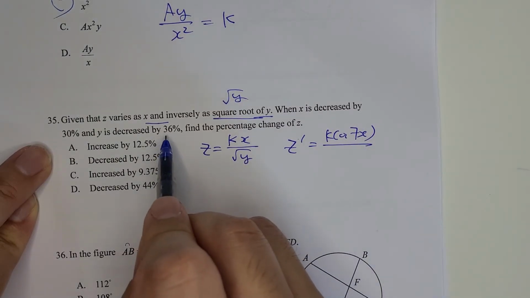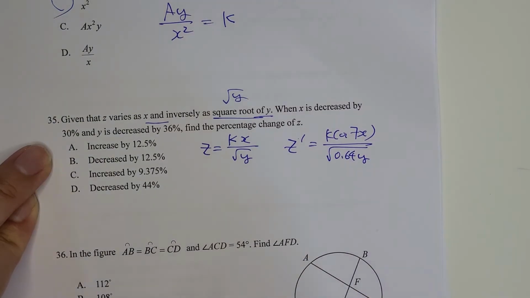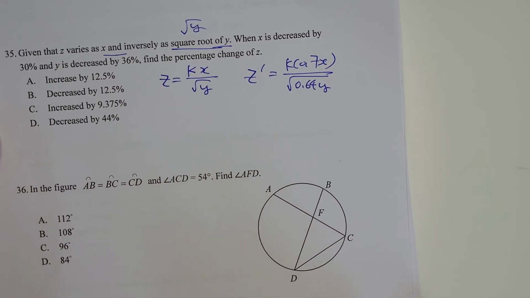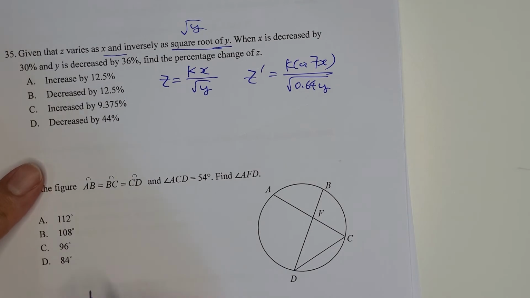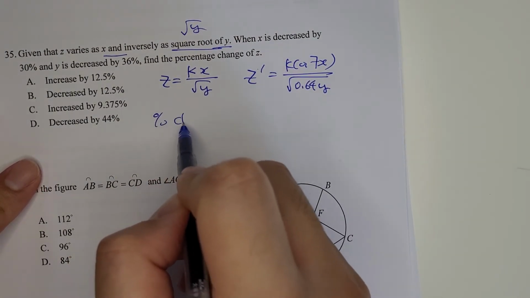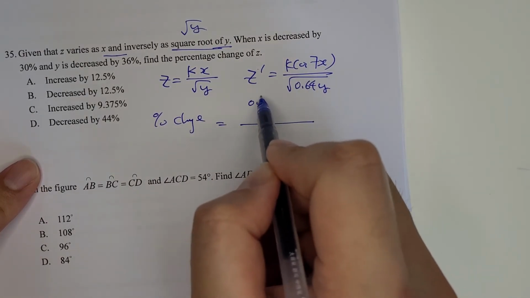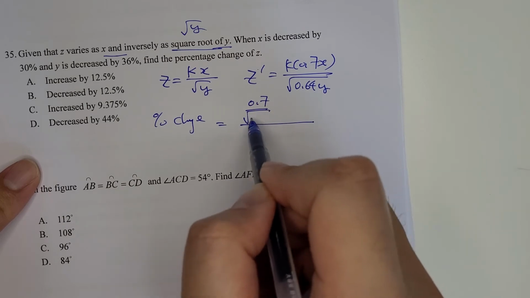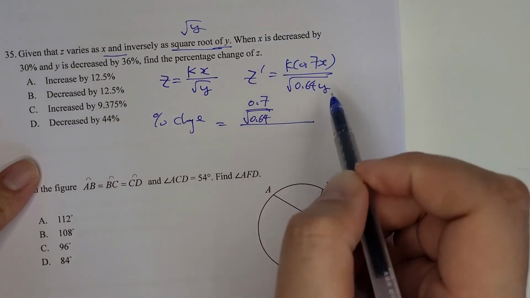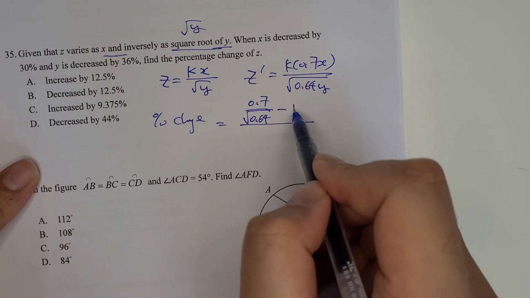And y is decreased by 36%, so y becomes 0.64y. So find the percentage change of z. The percentage change of z can be done this way. The new value of z is 0.7 over square root of 0.64, because there's a change of x and y respectively, and the original value of z is 1.